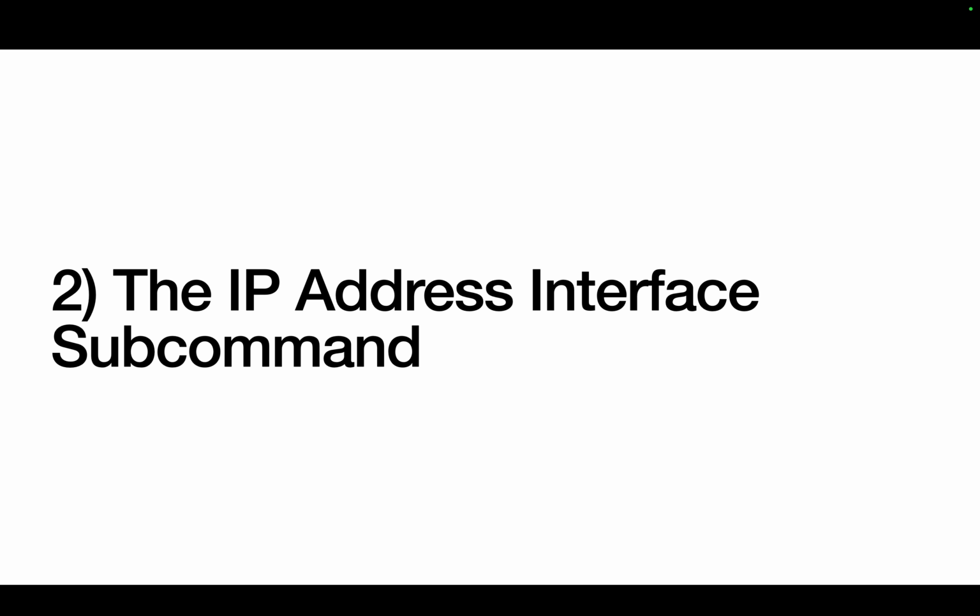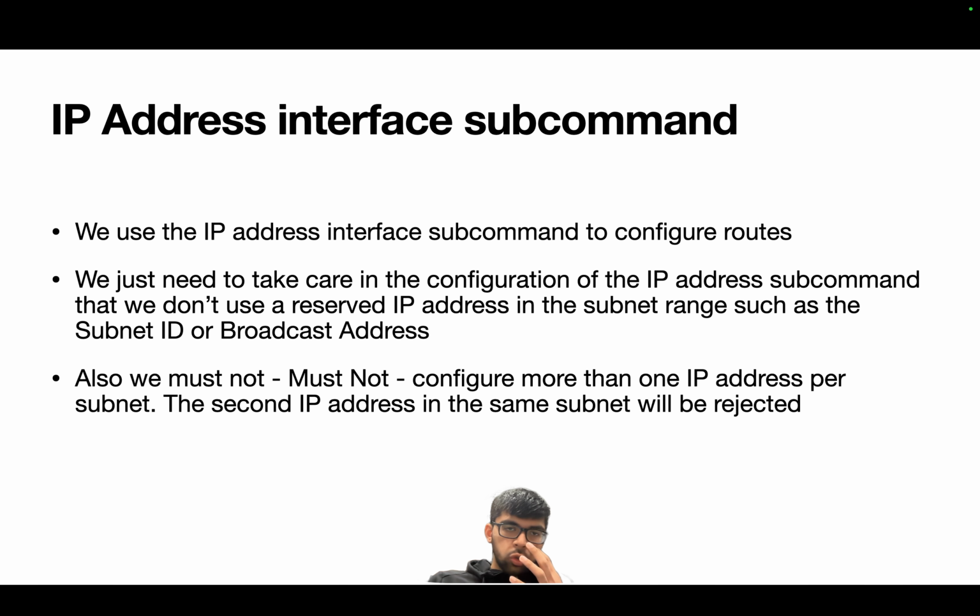So let's look at the IP address interface subcommand. We use this to configure those connected routes, but we need to take care when we configure that we don't use a reserved IP address. A reserved IP address is, for example, if you remember from our subnet videos, when we're working out subnetting, we need to work out what the subnet IDs and the broadcast addresses are, because we don't route to those.